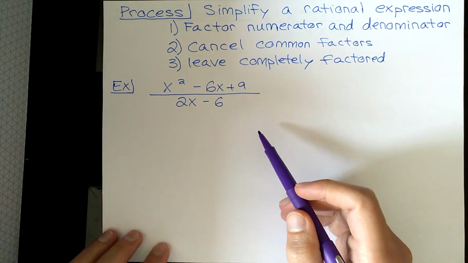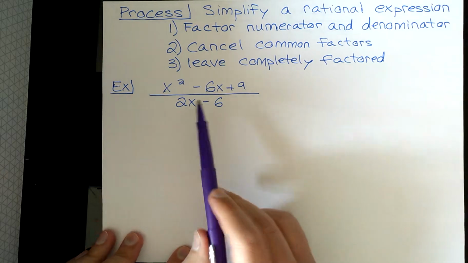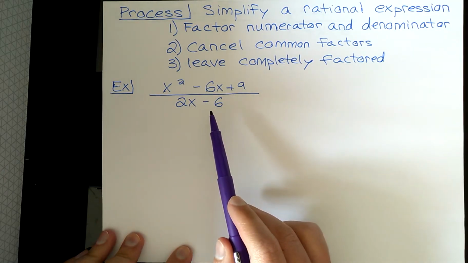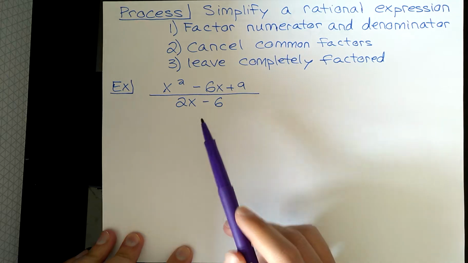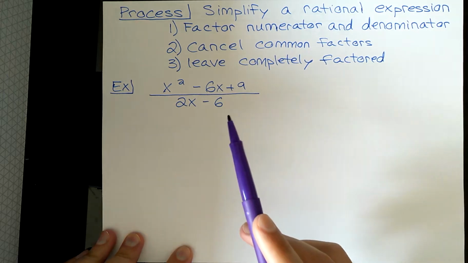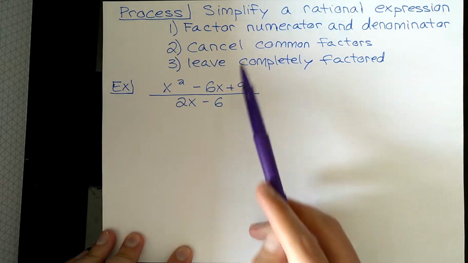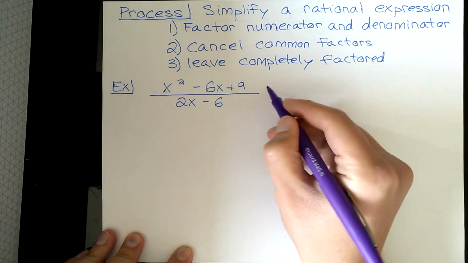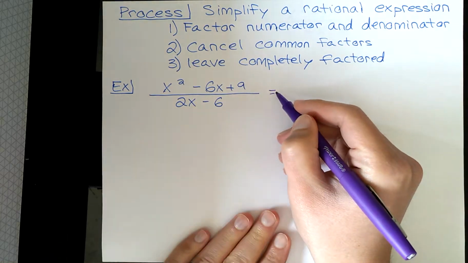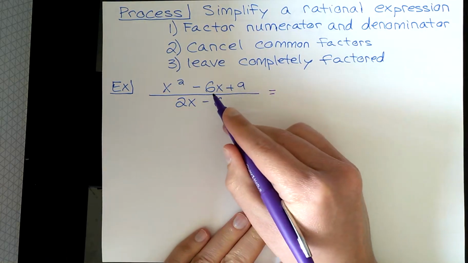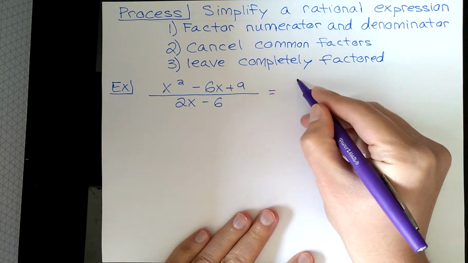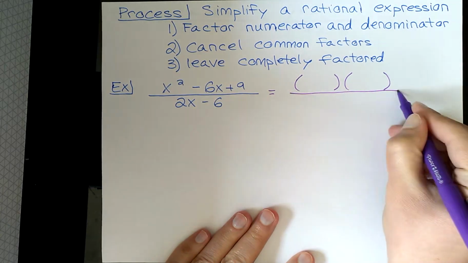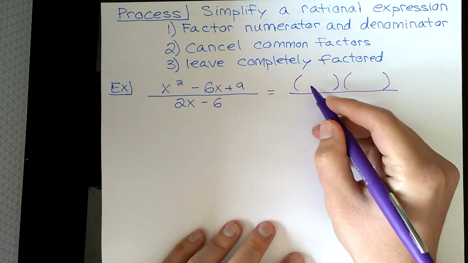Going back to this example, notice we only have addition and subtraction between all of our terms. We can only cancel if there's multiplication, so we have to change it to multiplication by applying step 1, factoring. Looking at this problem, we need to factor x squared minus 6x plus 9. We'll quickly use the guess and check method for that.